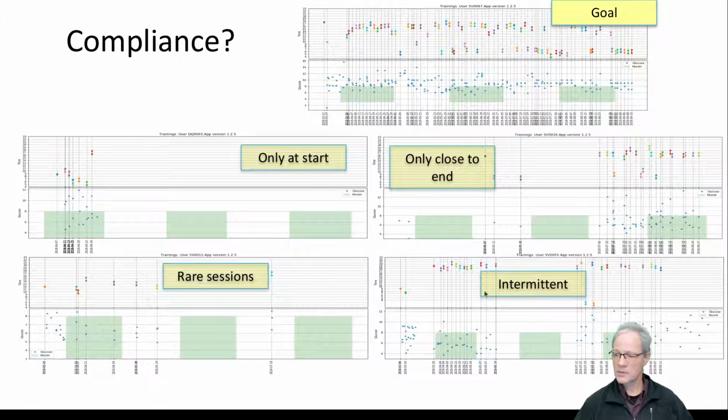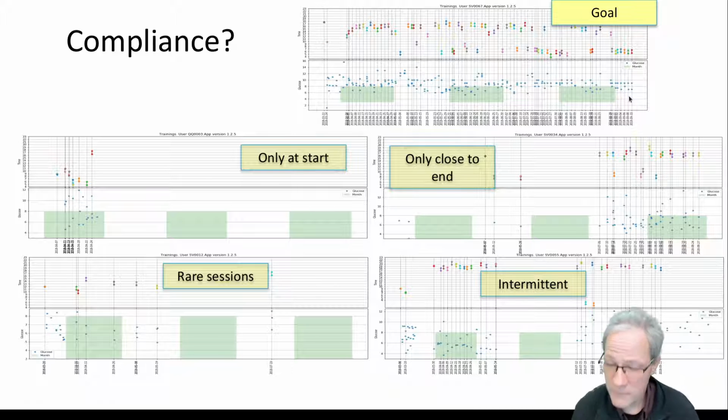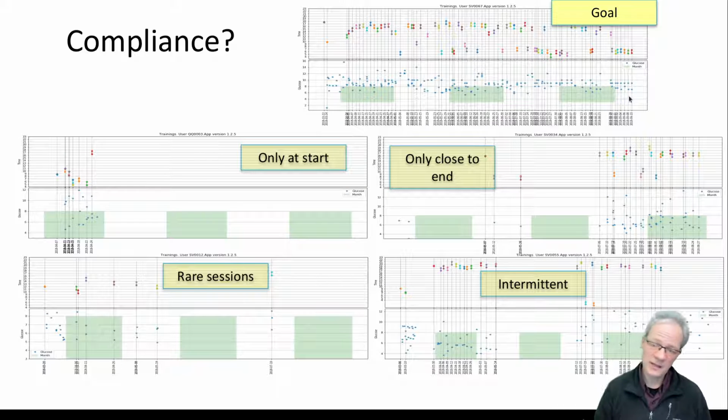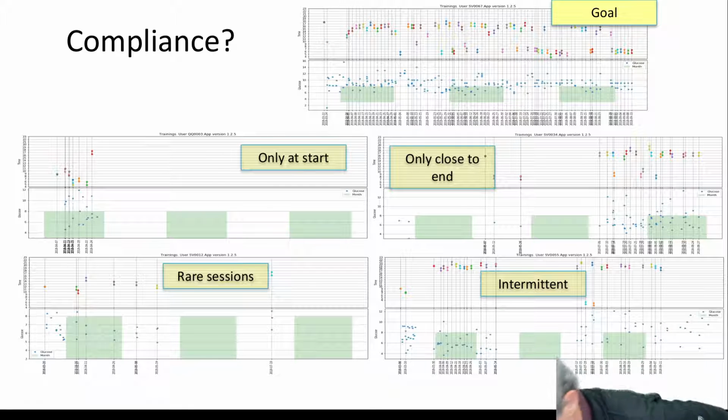And some people would do it intermittently. So, for example, they would do 1 month, then they would have a pause of 1 month, then they would have another month. So the goal would be for people to do these training sessions over the course of 4 months consistently. And only if that's what they do, only then we can extract meaningful data, right?